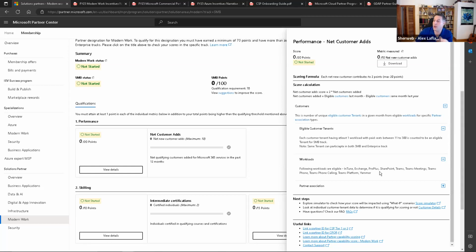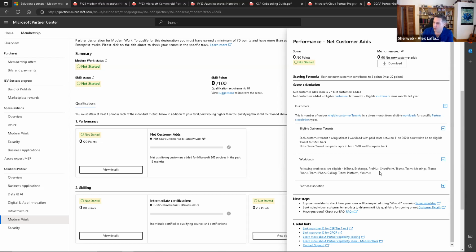If finally, when they're talking during the chat, they share a file that's going to be saved on SharePoint OneDrive, that's another workload. So that's going to be 6 points from an existing customer that hasn't spent a dime more on Microsoft services. That's going to get you the net customer adds.